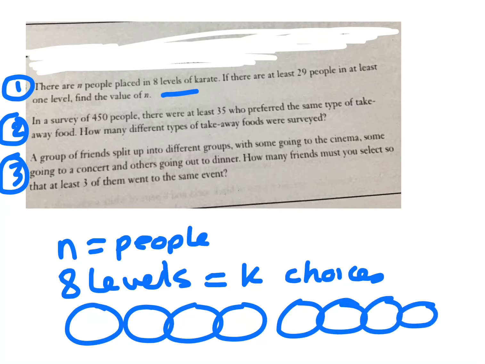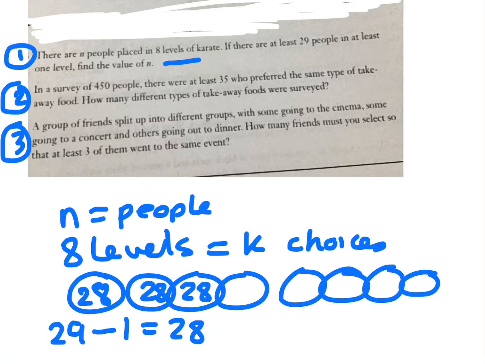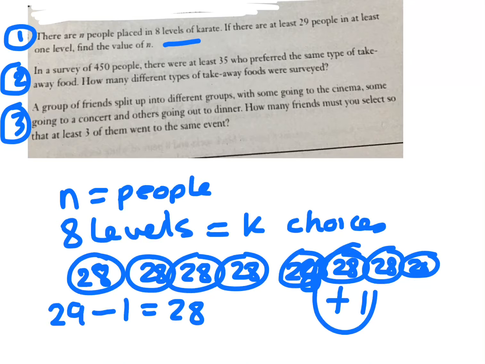There are at least 29 people. So 29, if you take away 1, that means there would have to be 28 in each of those boxes, with 1 left over to make the 29. So one of those would have 28 plus 1 is 29.